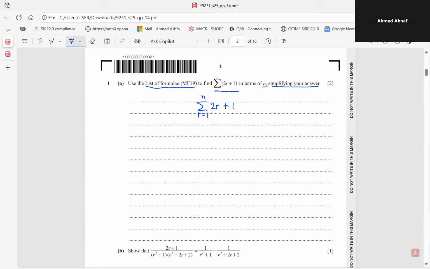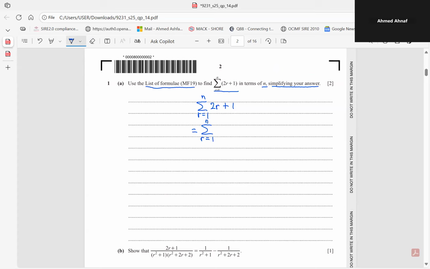And one thing you have to know with summations is that, just like when you're differentiating 2x plus 1, you can split this: you can differentiate 2x and add it to the derivative of 1. So we're also going to do the same thing here. We're going to split the summation into two summations.